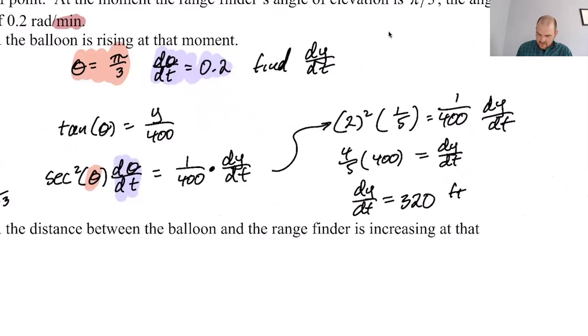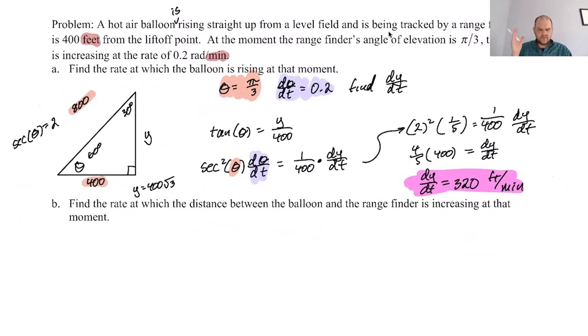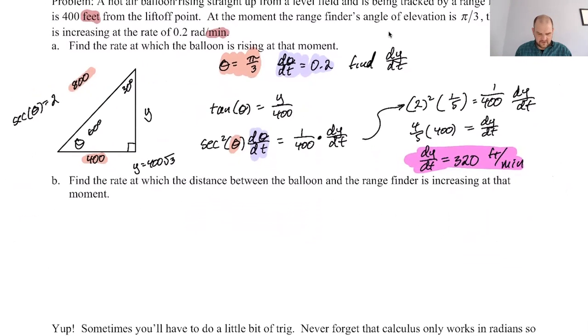You want to make sure you get the units right. You have to think them through. So I think this makes sense, right? It's launching, it's going up, so it makes sense that it will be positive. It's probably going really fast because 0.2 radians per minute seems pretty fast.